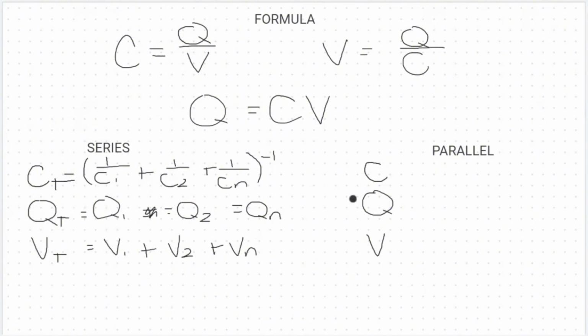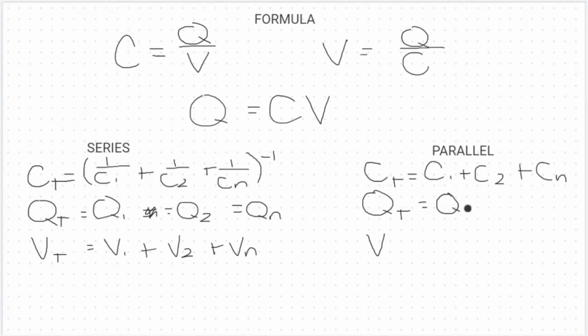So now that we know our series, let's move on to parallel. For parallel, this time our total capacitance is equal to the summation of all capacitors. So it's C1 plus C2 plus Cn and so on. For QT or the total charge, it's also the summation of all the charges in the given.